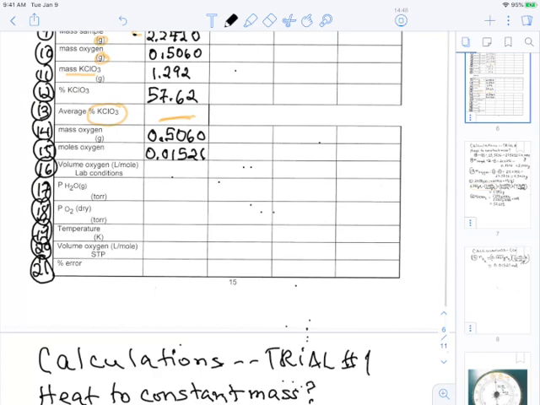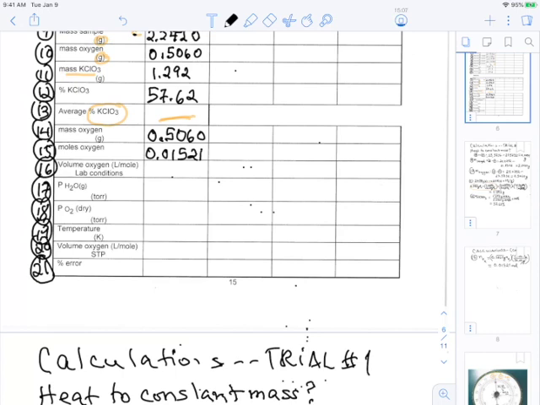Let me fix this a little bit here and make it look like a 1. Okay, there we go. Sorry for my shaky hand.